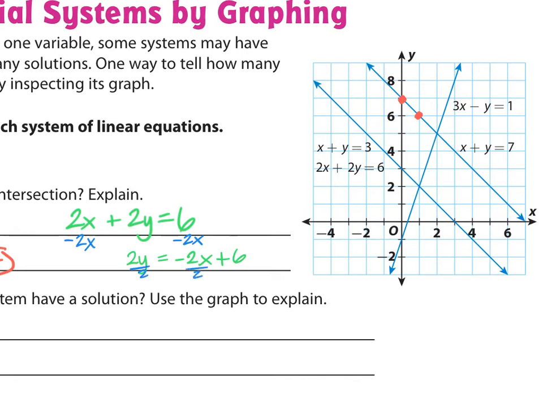I just want a y. So divide everything by 2. And I get y equals negative 1x plus 3. So that means y-intercept at 3, and I'm going to go down 1 and over 1. And so my line is this one right here.